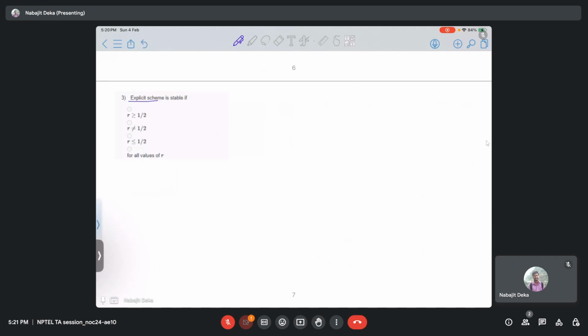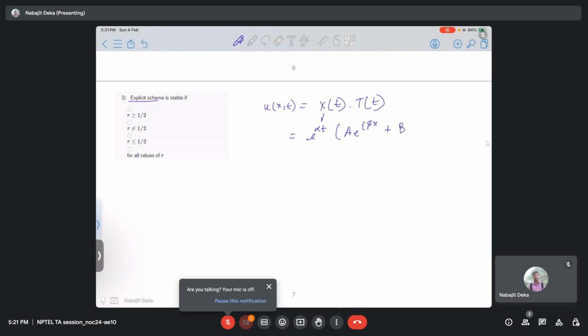So if we take u(x,t) as a function of x and t, then we can write it as alpha t into some space function, u x plus b into minus i beta x.